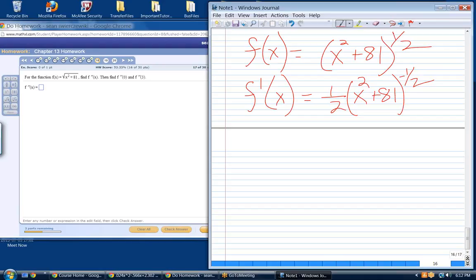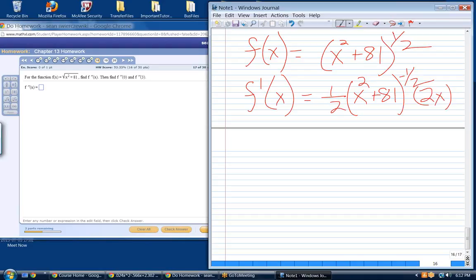Now I have to multiply that by the derivative of the inside. What's the derivative of the inside? No, just 2x. Oh, duh. Okay. The chain rule is very easy. The chain rule is the derivative of the outside times the derivative of the inside.